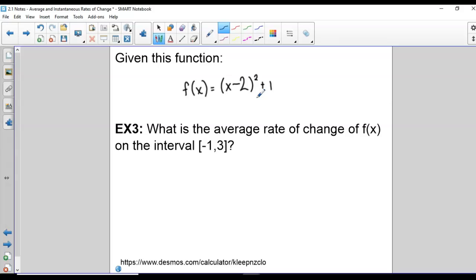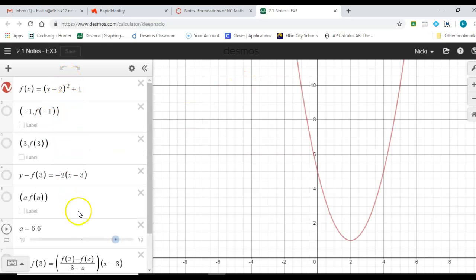So typically, this is a lot harder for students than the last two problems where you actually kind of think about the situation. So we want to know the average rate of change of f of x on the interval from -1 to 3. And so I'm going to pull up a graph here that we can look at the graph of this function.